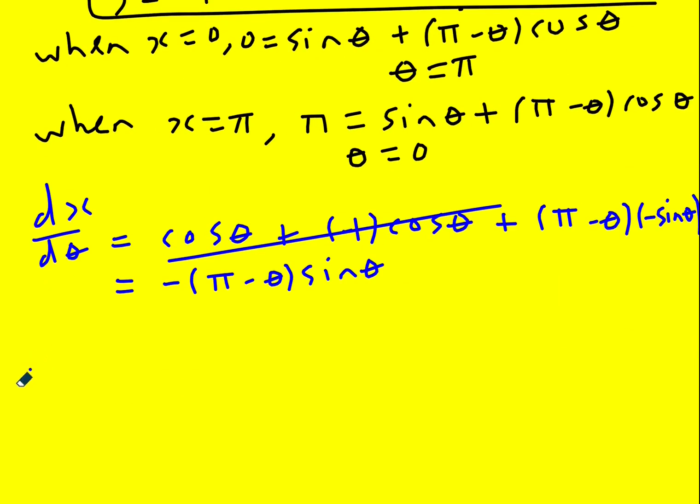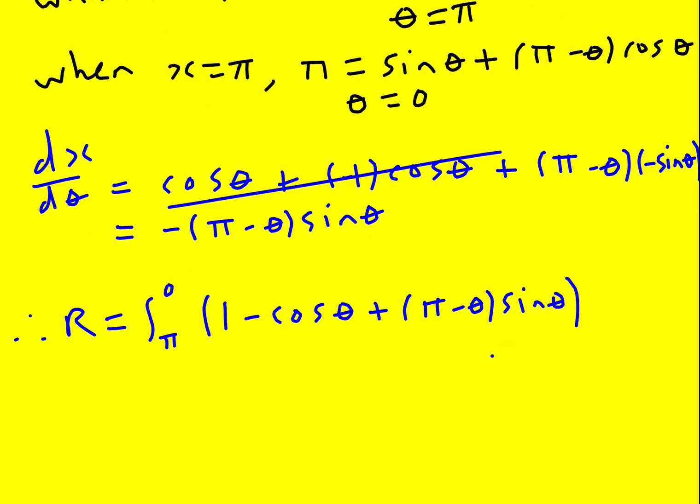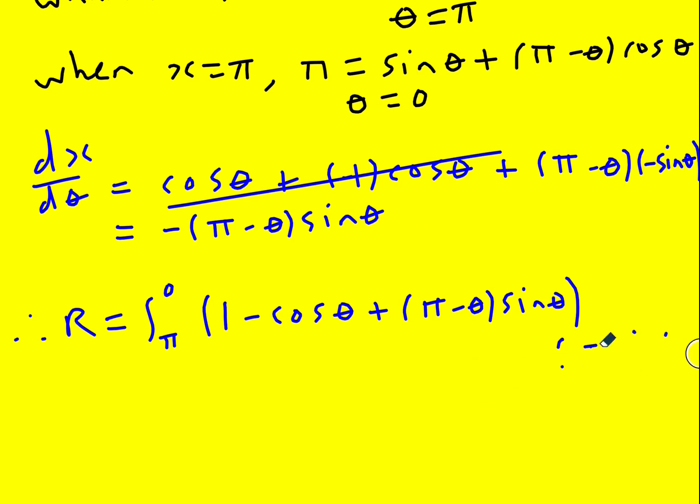All right, therefore, r is equal to the integral from 0 to pi of y, which is 1 minus cos theta plus pi minus theta sine theta, multiplied by minus pi minus theta sine theta, and then we just need a d theta in there. Frustratingly, I didn't leave enough space. I'm just going to write it out again.